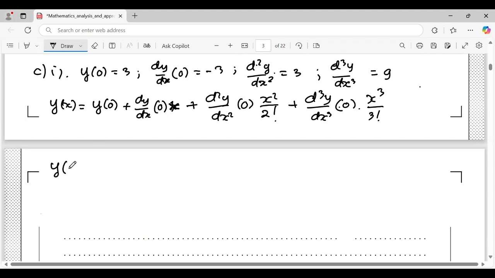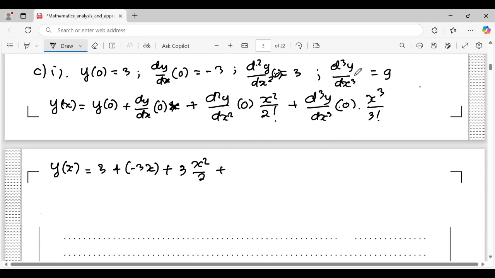So y(x) becomes y(0) is 3, plus dy/dx at 0 is minus 3x, plus the second derivative at 0 is 3, so 3x squared over 2 because of two factorial.